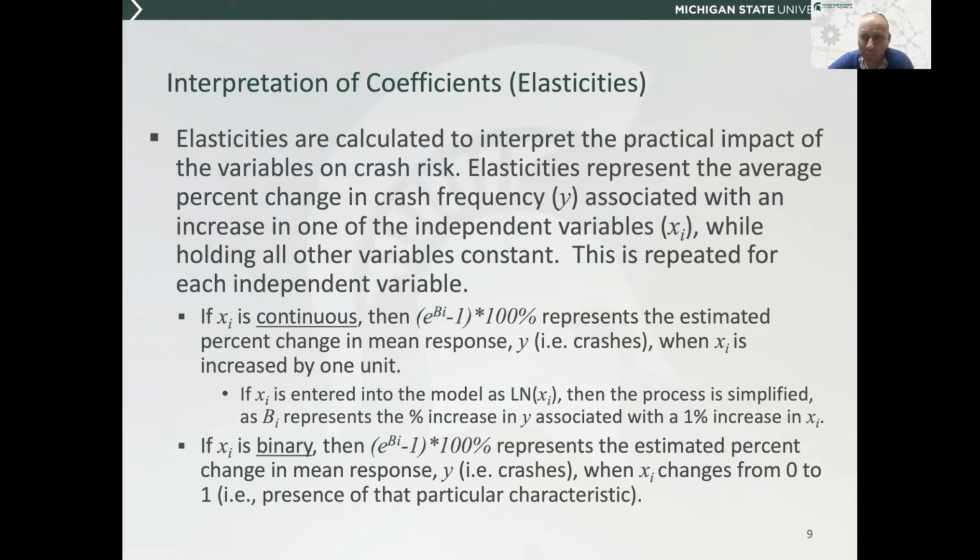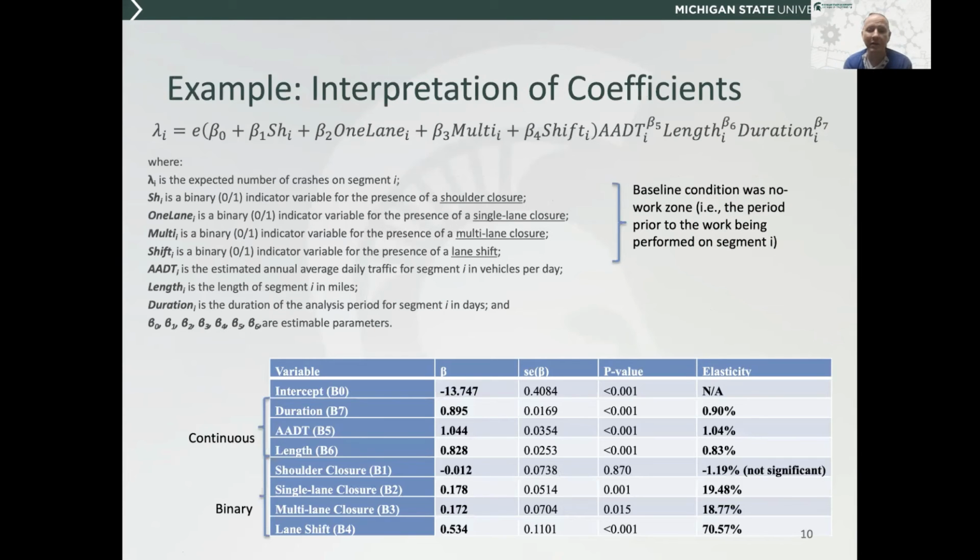So a 1 foot increase in lane width or shoulder width as an example, okay? And then as alluded to on the preceding slide, if we log those X variables, we can interpret that as an elasticity, which would basically mean for a 1% change in X, what's the corresponding percent change we'd see in Y, okay? And these are all demonstrated on this subsequent slide.